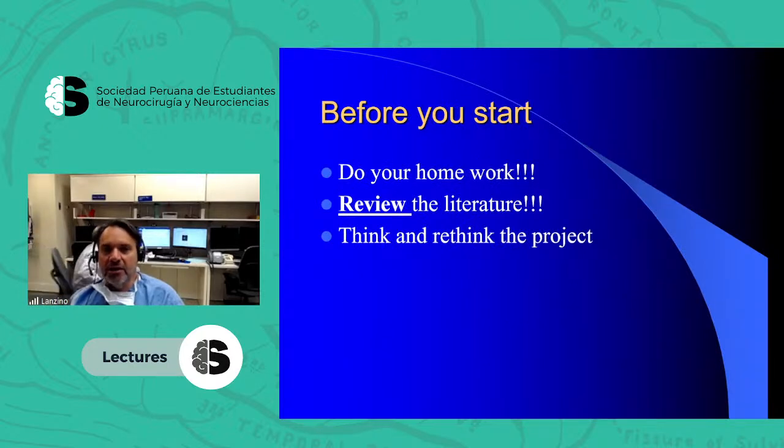The other key message is that you get an idea, you become very passionate about your idea, you start to dig into the data, but it's very important before you start to do your own work, and in particular to review the literature, to find pertinent literature, to read it.